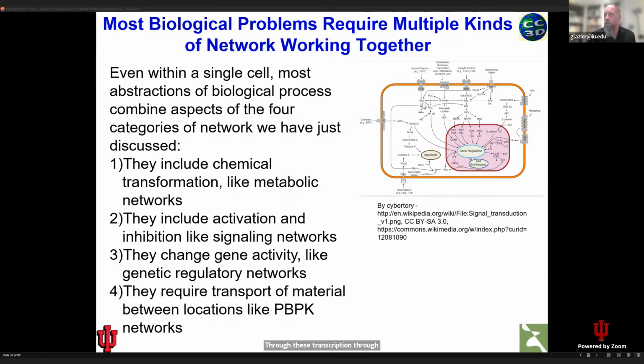Those receptors are going to send signals through a signaling network. Those signaling networks are then going to turn genes on and off through a gene regulatory network. That gene regulatory network is going to then affect the metabolism of the cell. That's going to determine whether the cell dies, stays there, or proliferates.